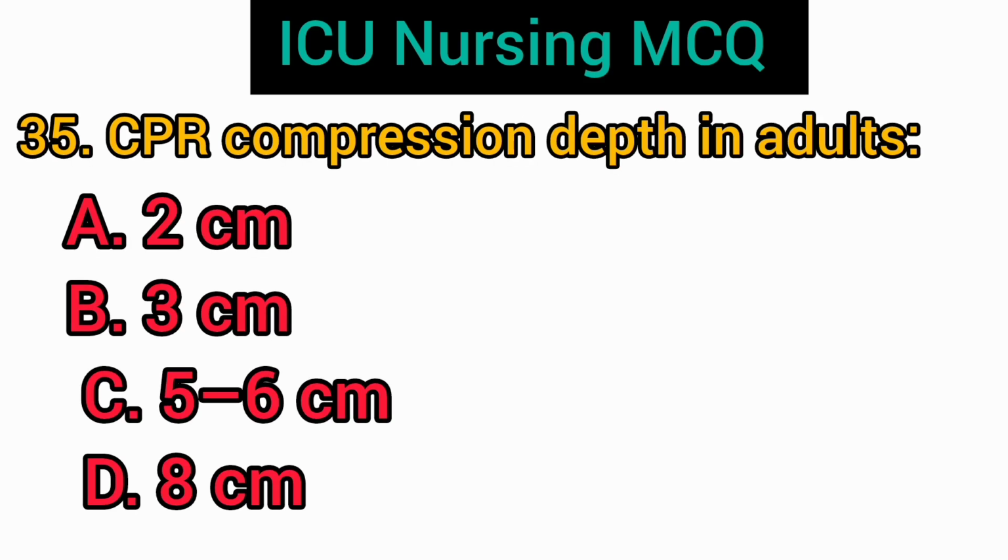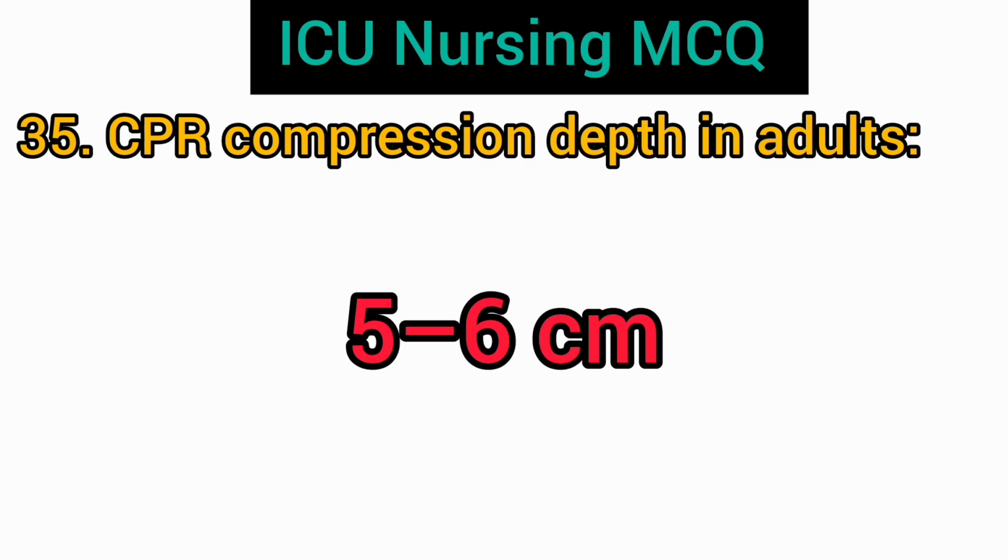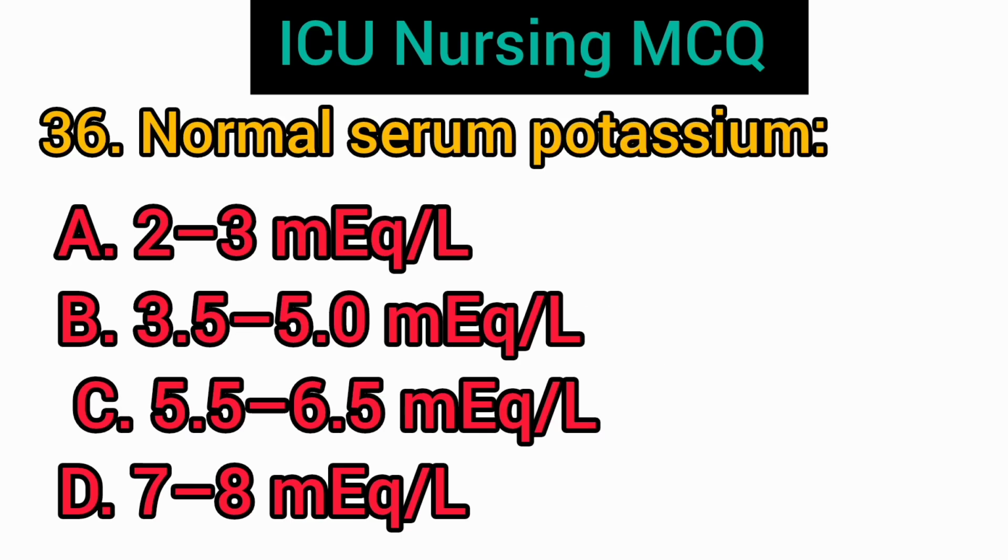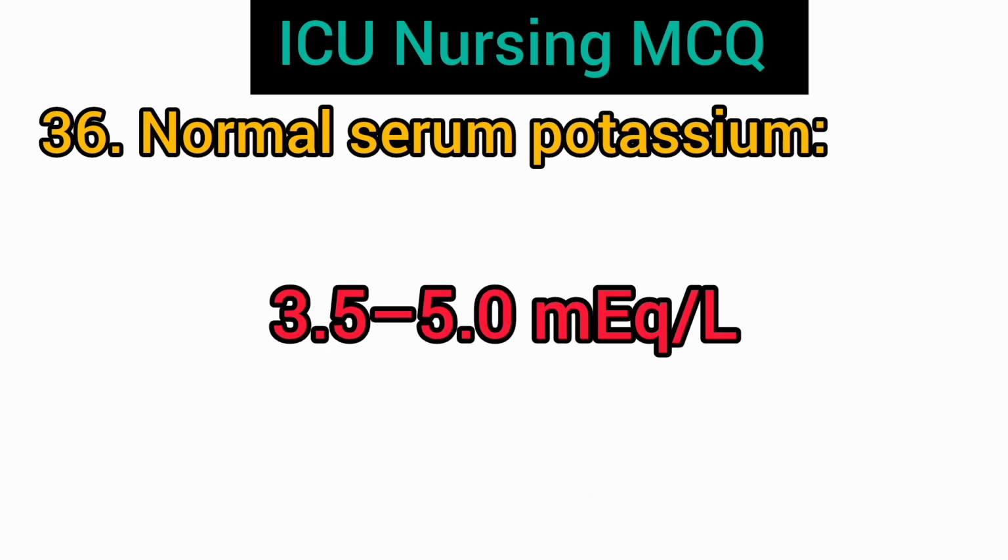CPR compression depth in adults (5 to 6 centimeters). Normal serum potassium (3.5 to 5.0 mEq/L).